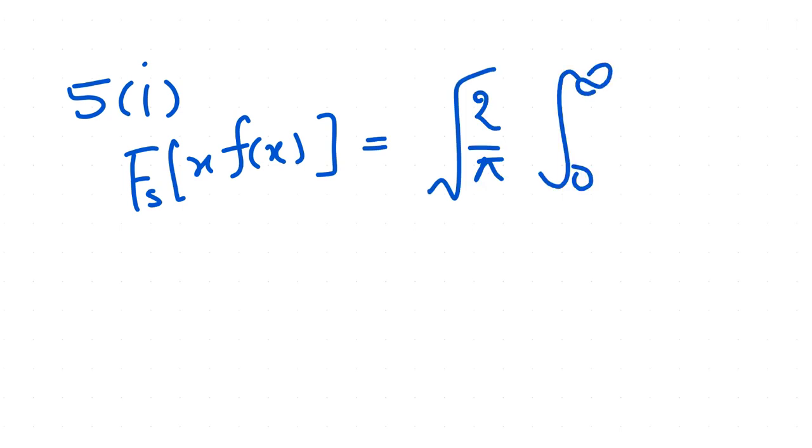Here, instead of fx, we are taking x fx, because we take whatever we have on the left. That is why we take it here, into sine sx dx.